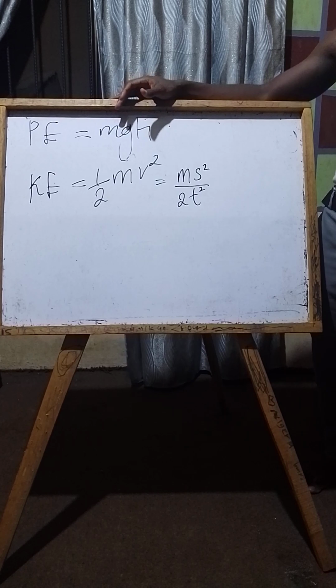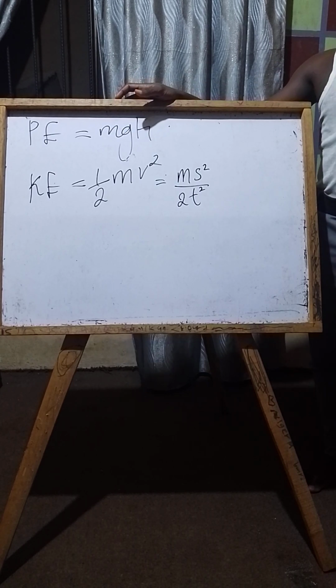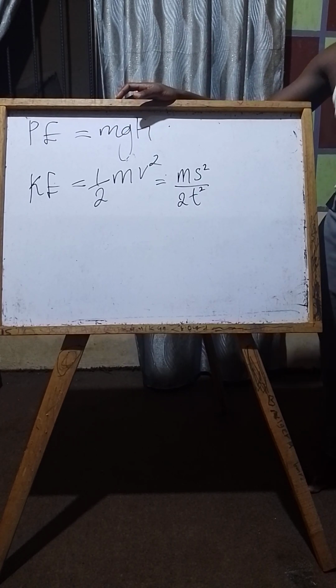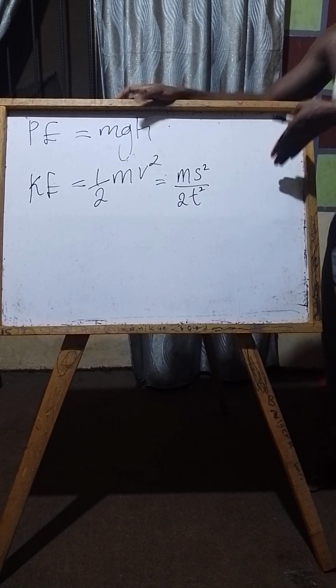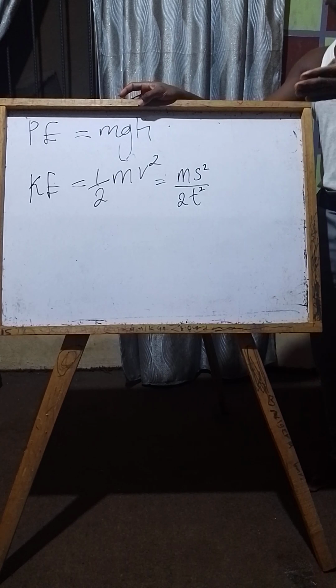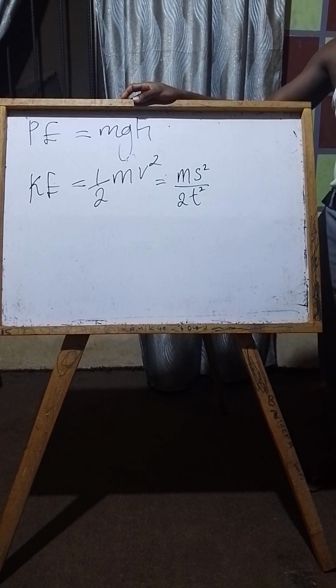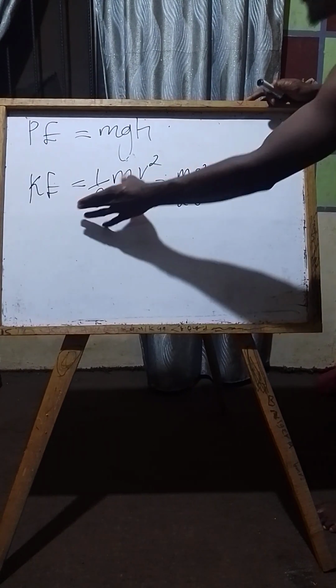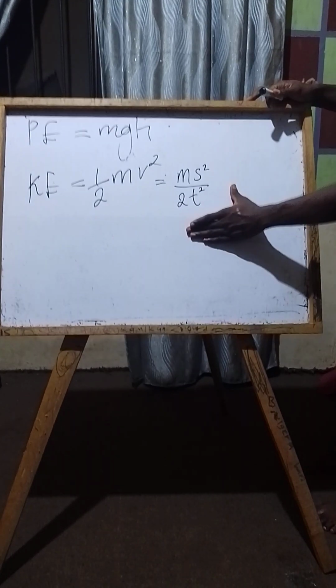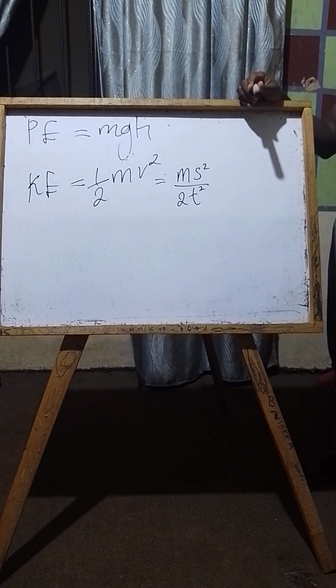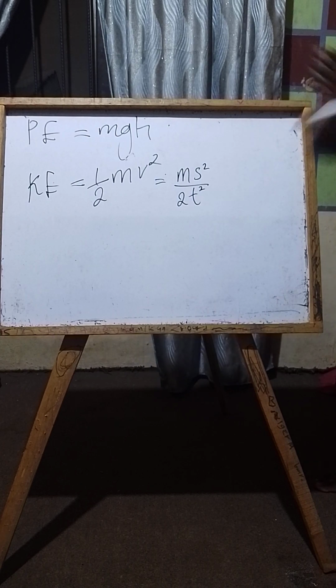But both of them have the same dimensions. So when we are calculating, most times we just use the distance. But we know when we say distance in terms of velocity, we are also talking about what? Displacement. So this is a formula for kinetic energy, and this is also a formula for kinetic energy. Now there are different forms of energy.